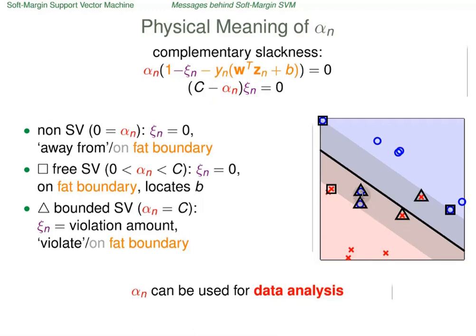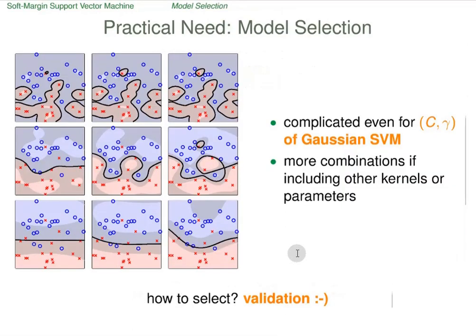As you can see, they can be on the fat boundary, slightly violating the boundary but still on the correct side of the hyperplane, correctly predicted, or seriously violating the boundary and erroneously predicted. When the regularization parameter C and the kernel function are chosen properly, let's say the Gaussian kernel with the proper gamma, the soft margin SVM is often observed to enjoy a low out-of-sample error.